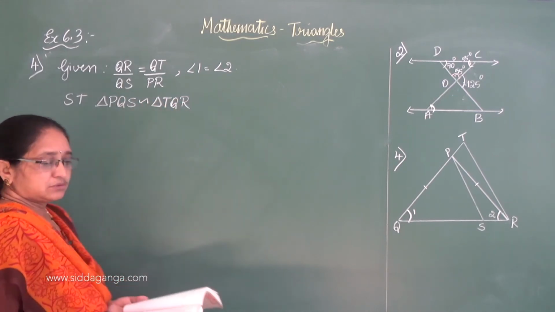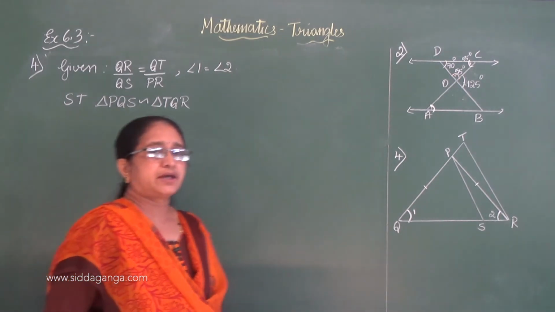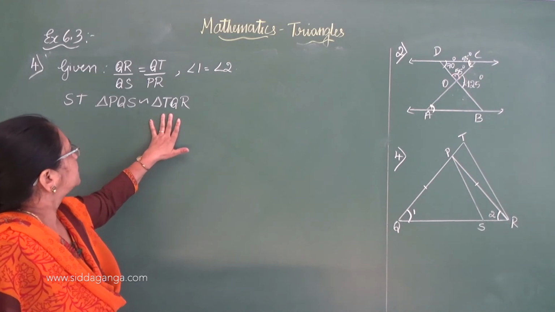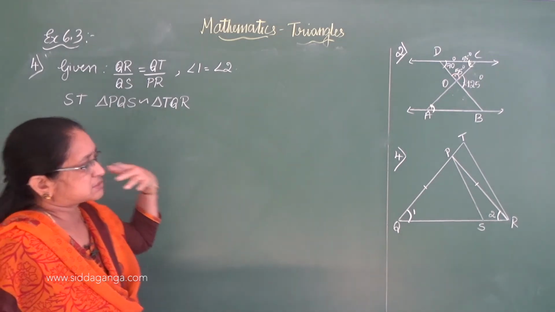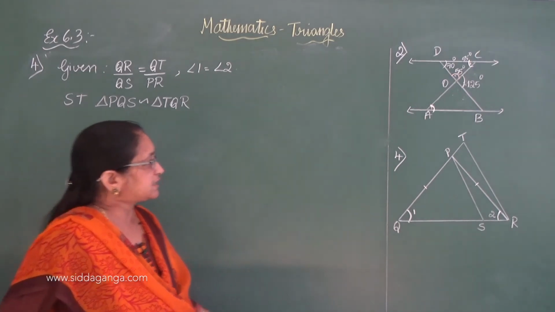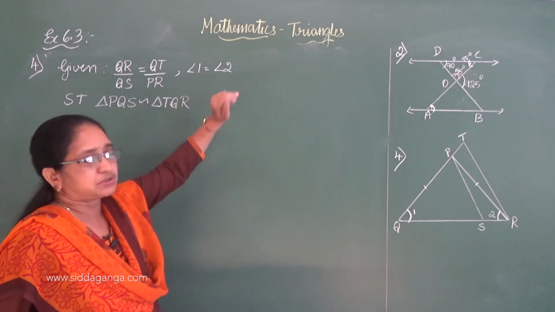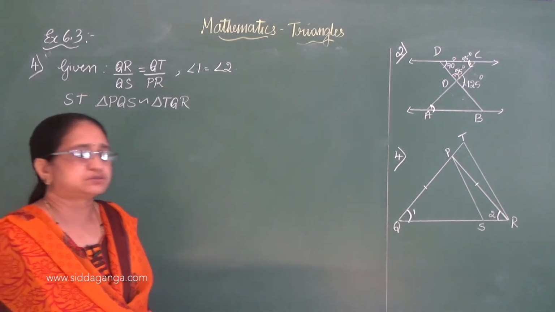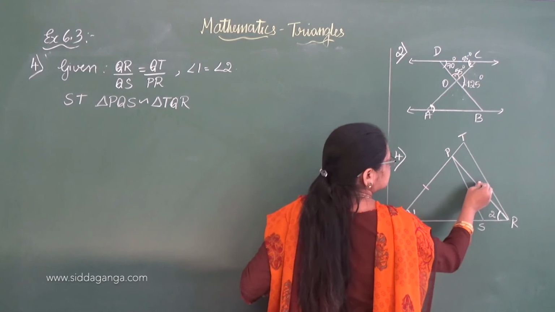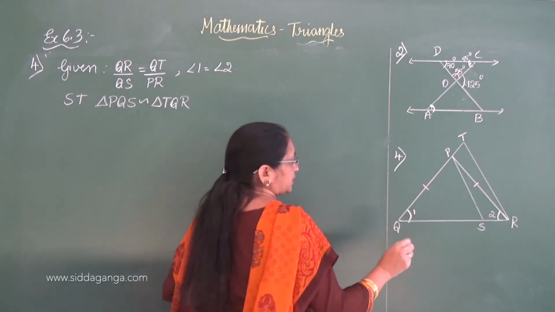So now you can use the criteria. Before that you have to see whether the corresponding sides are proportional or the corresponding angles are equal. For that they have given one clue here, angle 1 is equal to angle 2. Just look at the diagram. See here, these two sides are equal. Why?